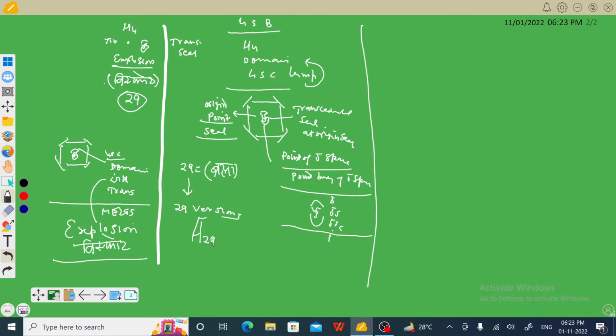There are versions of Hypercube 14. Hypercube 14 is of 29 versions. So these 29 versions of Hypercube 14 are the 29 representative regular bodies of 1 to 29 geometries.